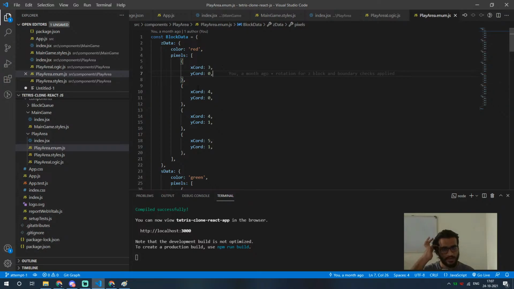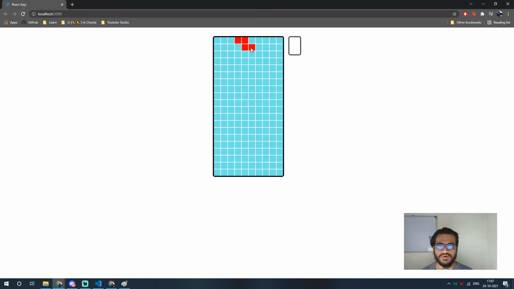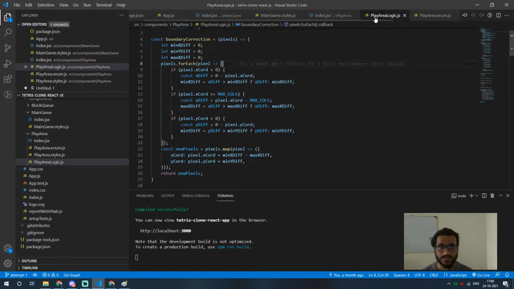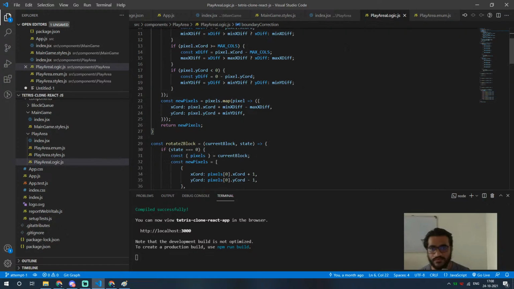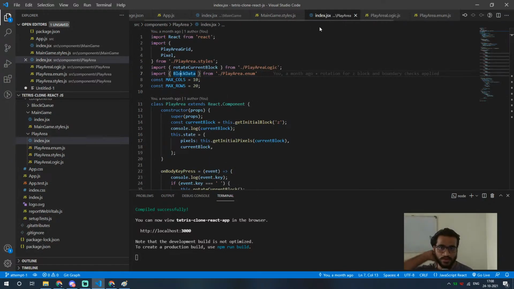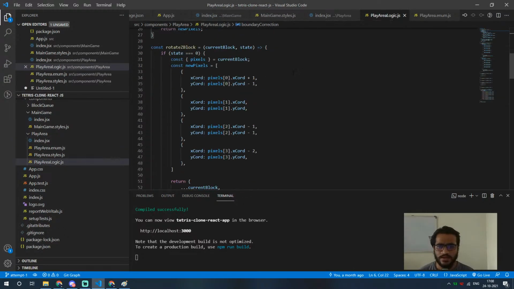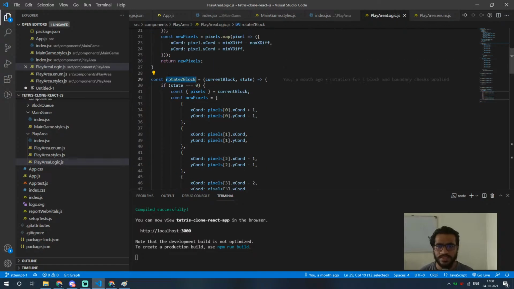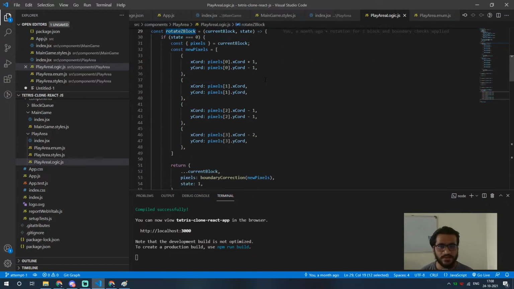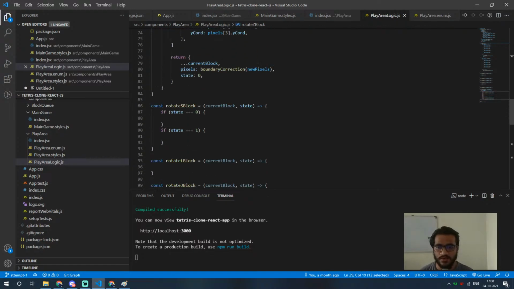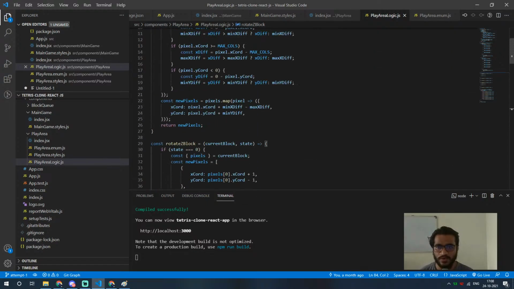So now the logical progress that we covered in our last session was that we worked on rotation, right? Rotation of just one block.